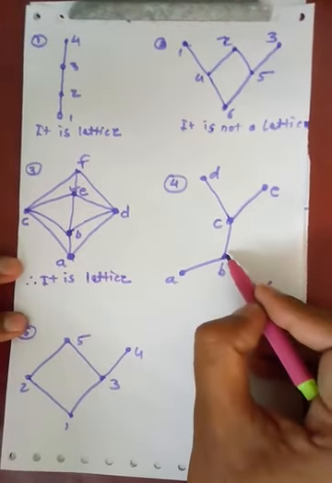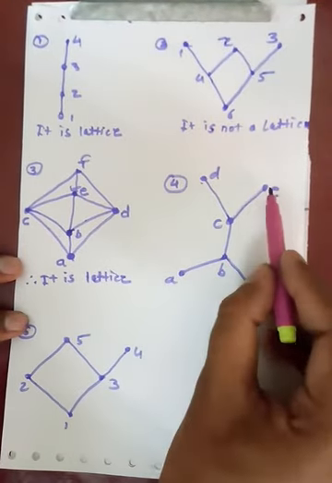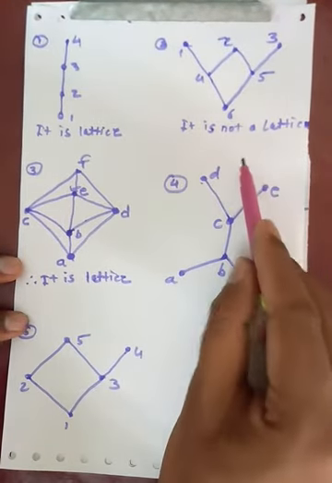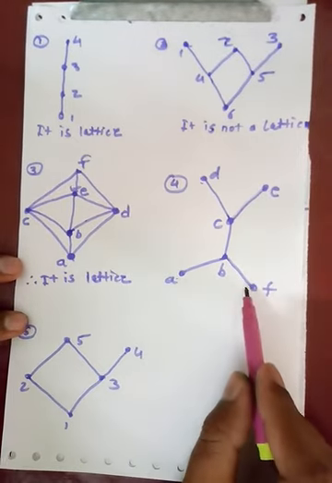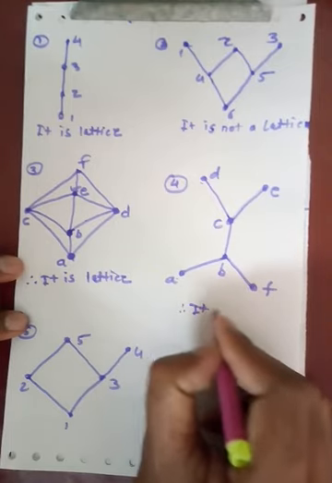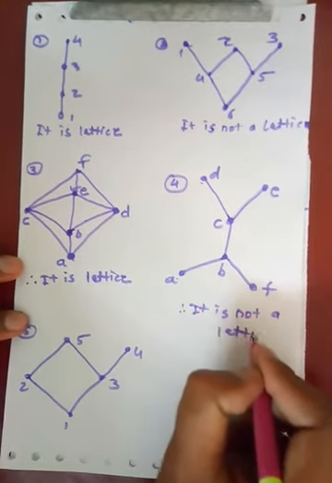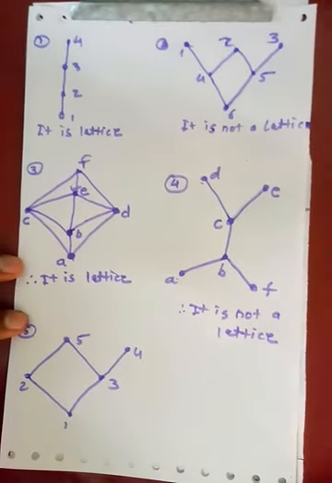Then in this diagram it is observed that D and E don't have an upper bound, and A and F don't have a lower bound, therefore it is not a lattice.